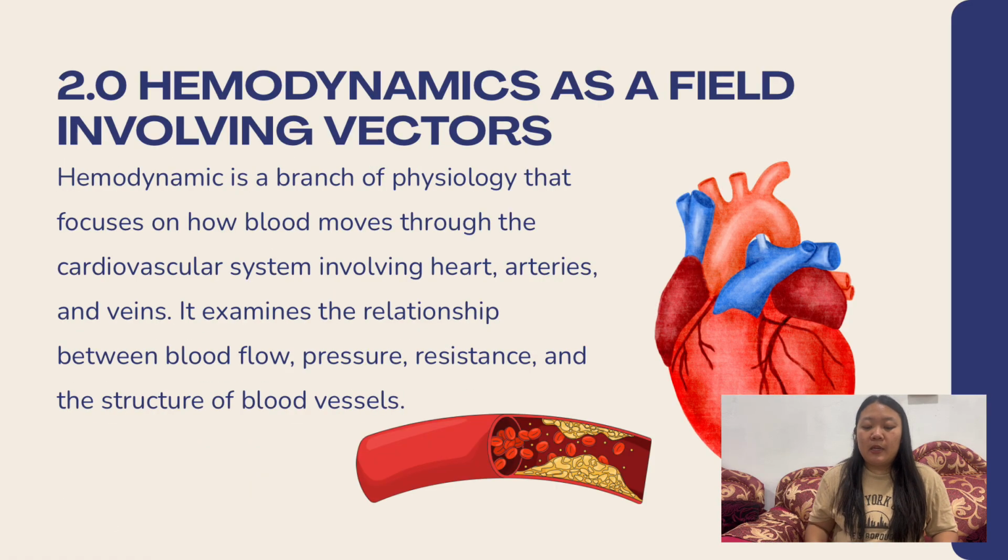2.0, Hemodynamics as a field involving vectors. Hemodynamics is a branch of physiology that focuses on how blood moves through the cardiovascular system, involving the heart, arteries, and veins. It examines the relationship between blood flow, pressure, resistance, and the structure of the blood vessel itself.